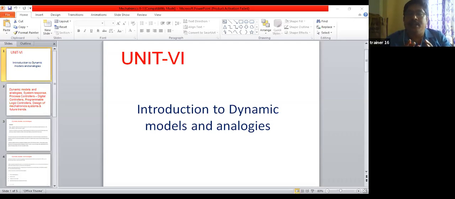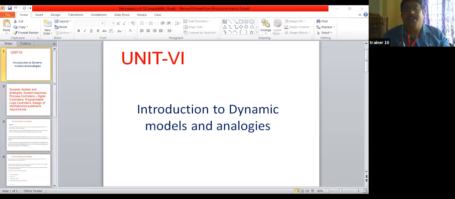So you are getting complete awareness about the sensors and electronic components, which are mingled in a mechatronics system or product. The next, third unit is the actuation system. I will give a mapping of all these units one by one.